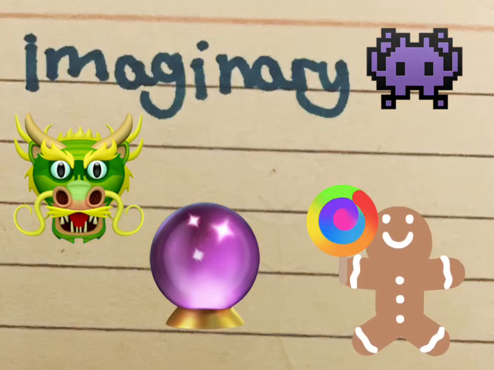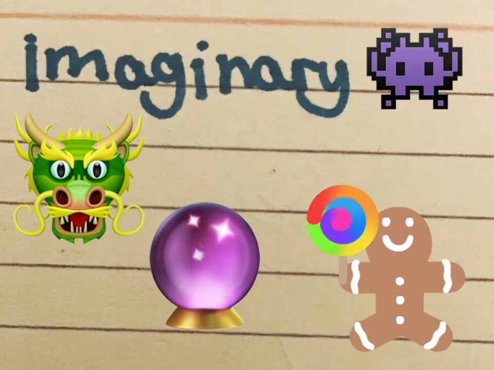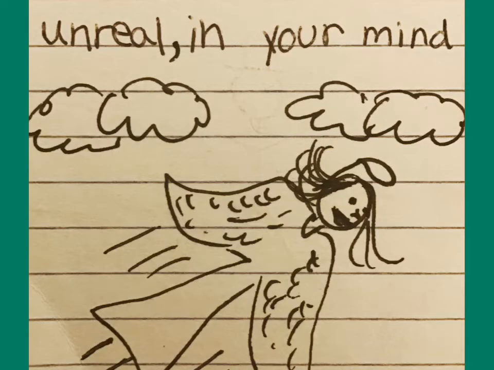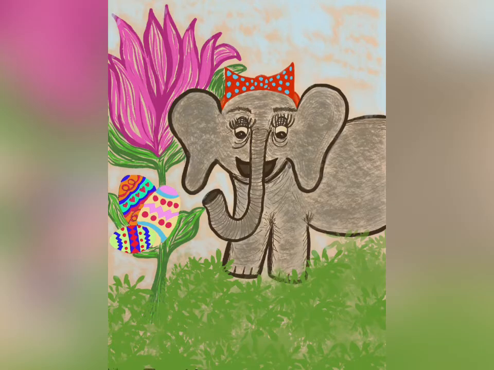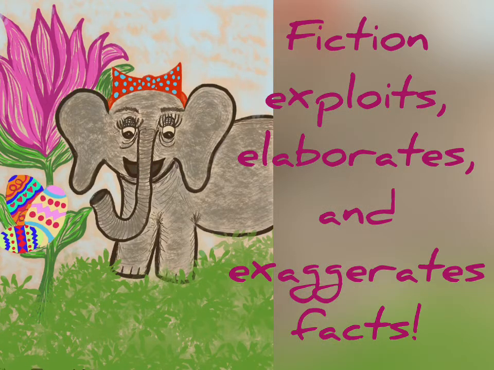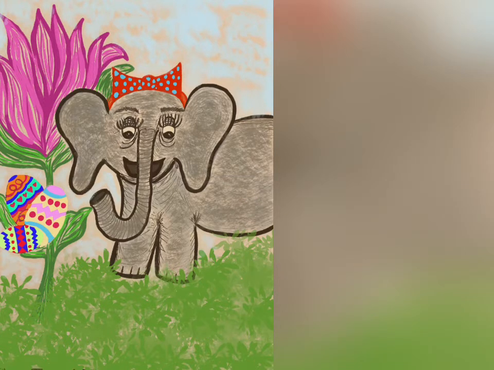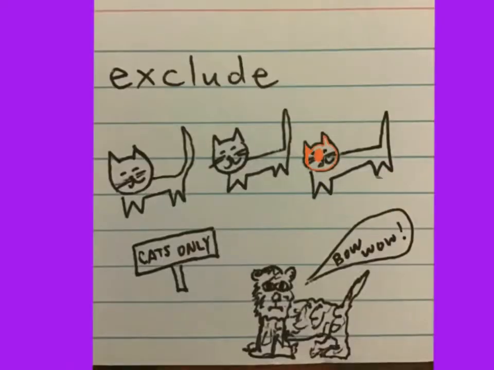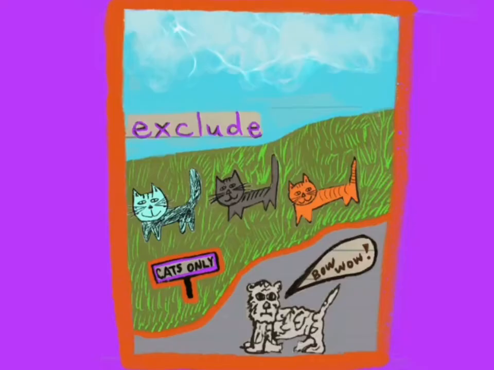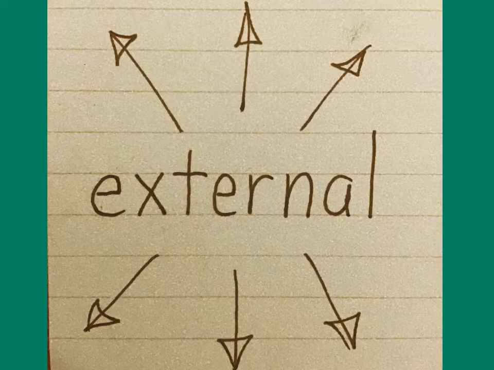For example, to entertain you each evening, I will now explain an extraordinary event in the east of Ecuador that is entirely fictional. Remember, fictional tales exploit, elaborate, or exaggerate entrusted facts, expanding them into entirely new entities. A story can exclude the facts, thereby existing externally or outside of the real world.